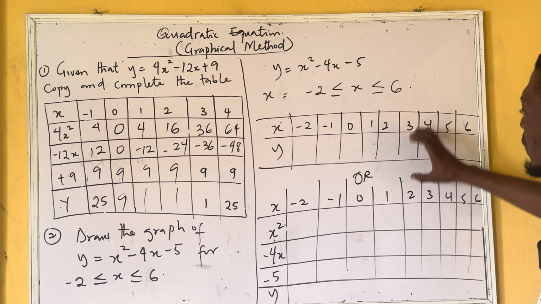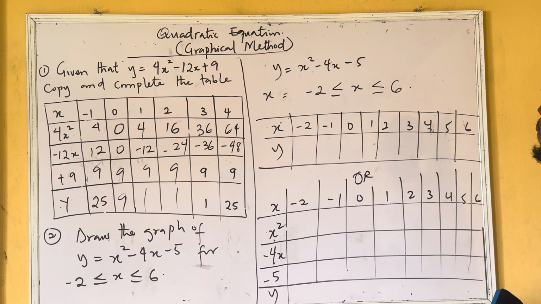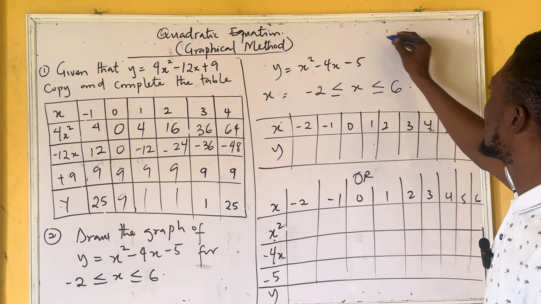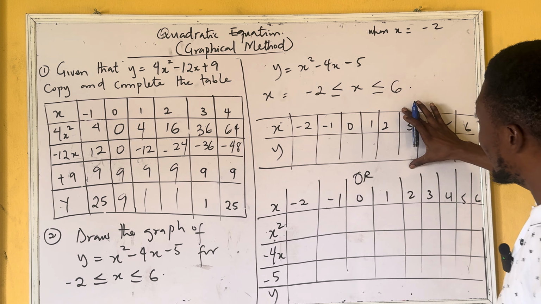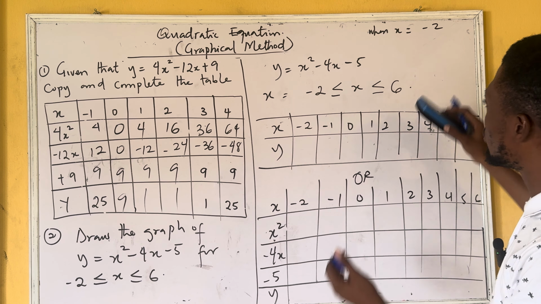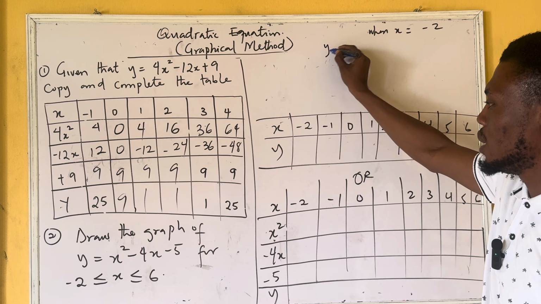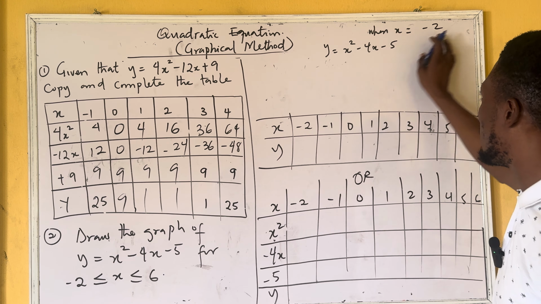Now note, if I use this method, you have to use this function to solve. Say for example, when x is equal to minus 2. If I'm using this method, I need to recall that y is equal to x squared minus 4x minus 5. So anywhere I see x, I'll put minus 2.